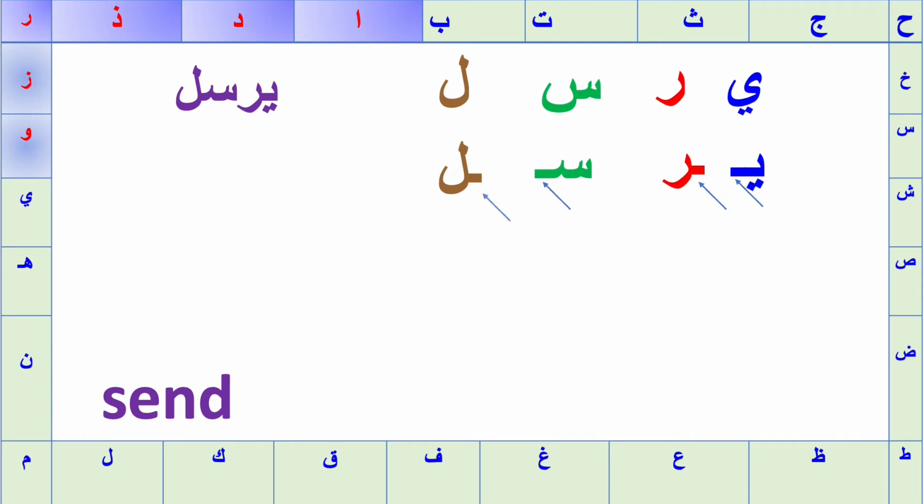So we get yursil. The final written form of the word is this one: yursil. This shows the shape of the letter Sin in the middle of the word. يرسل, to send.